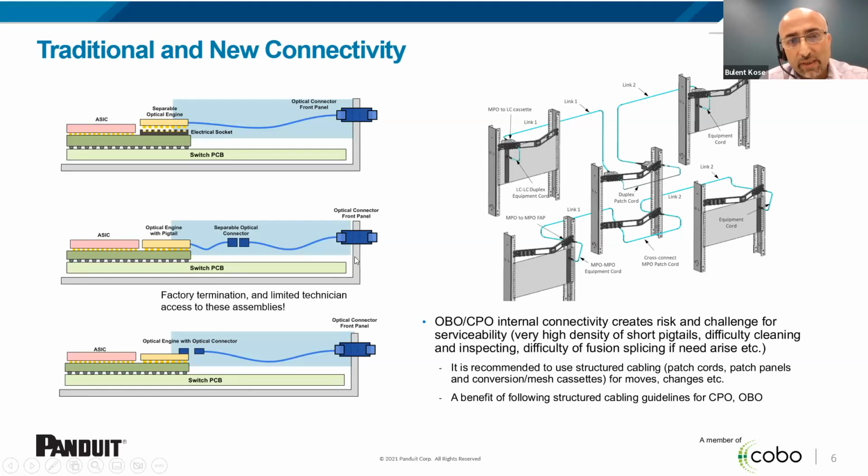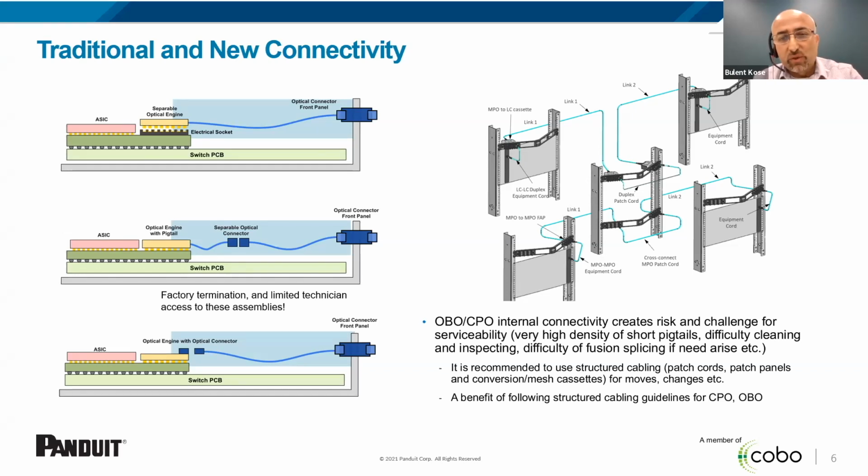And then you have the optical plane where you would have your connectivity to the structured cabling. So OBO-CPO internal connectivity creates a risk and challenge for serviceability. Very high density of short pigtails, difficulty cleaning, inspecting, difficulty of fusion splicing whenever there's a problem with these internal fibers.